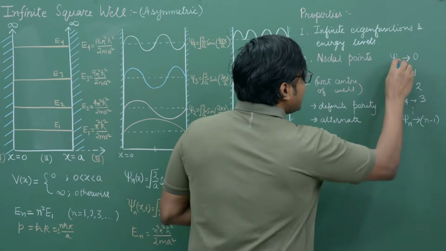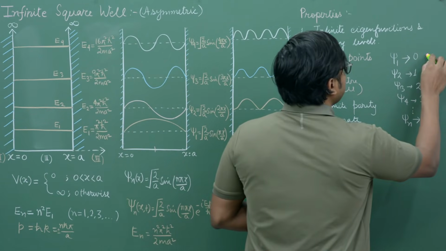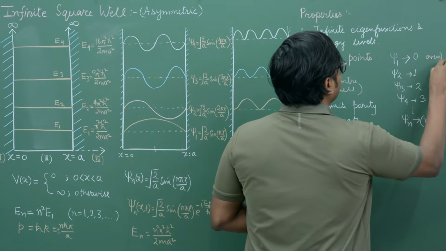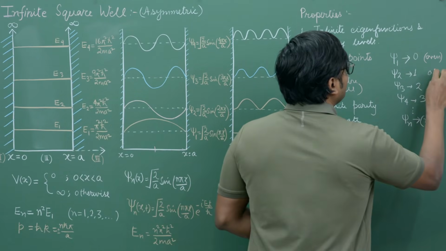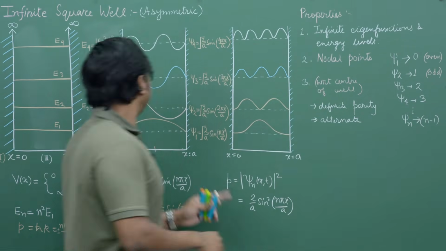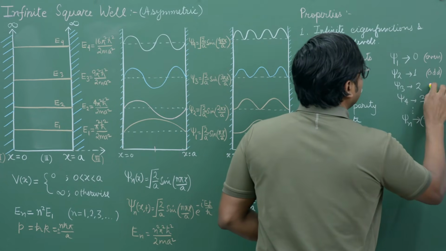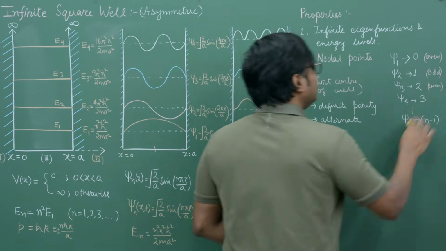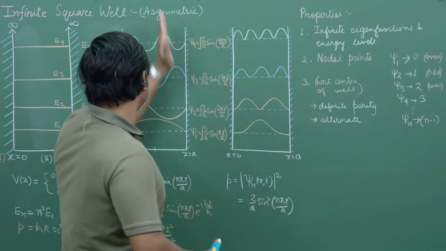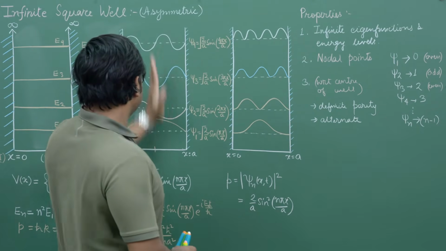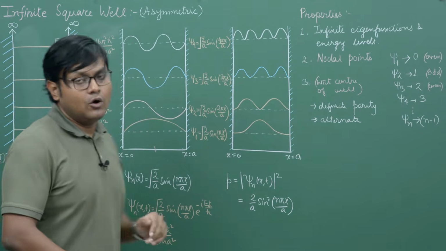So that means psi 1 is even, psi 2 is odd, psi 3 is even, and so on. Even, odd, even, odd, even, odd, it keeps going on. Again, I have to be very clear with respect to the center of the well. So if it was centered at x equal to 0, then this is an even function, this is an odd function, even function, odd function, and on and on.